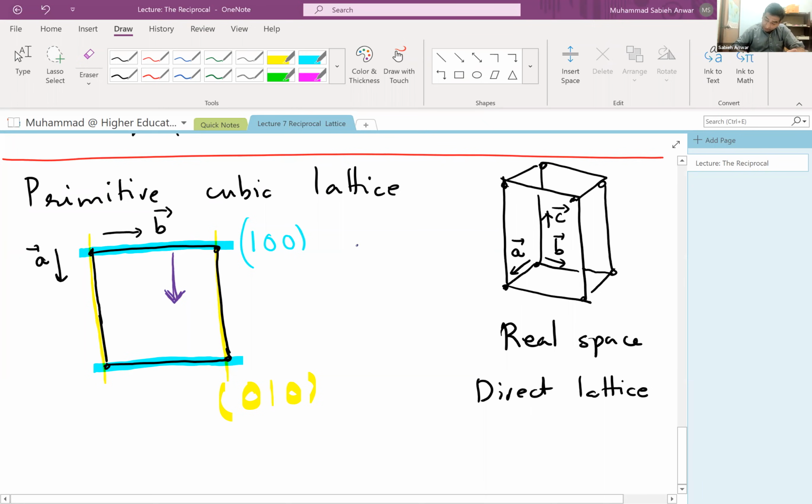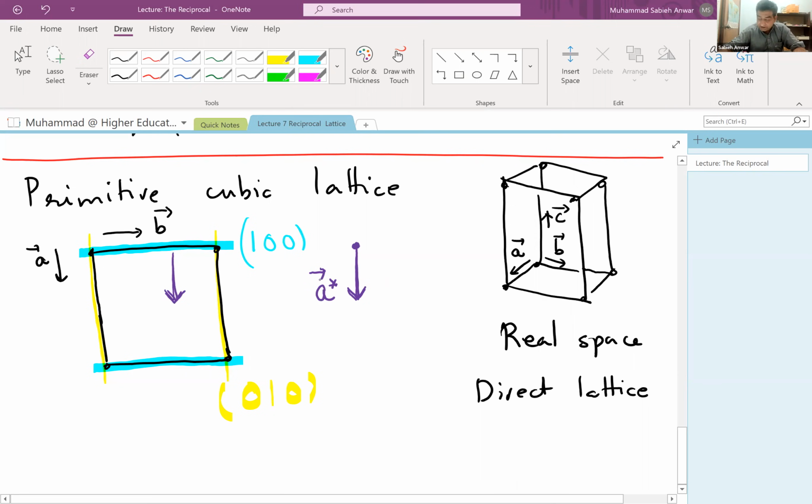I take an origin, some point, and I draw a vector which I'm showing in purple. This vector represents the 1, 0, 0 plane because it is normal to the 1, 0, 0 plane. And since this vector is also normal to the BC plane, let's call this vector A star and put a vector sign on top of it.